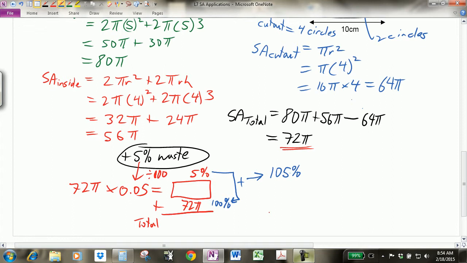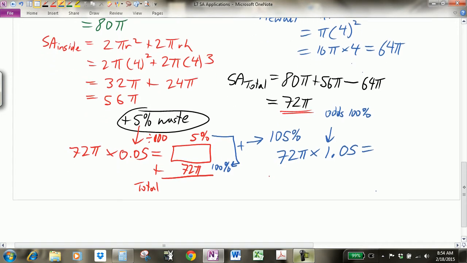So to do it all together, you could take 72 pi and times it by 105% as a decimal. Putting that 1 in front adds the 100% automatically. So it's a little bit of a shortcut.